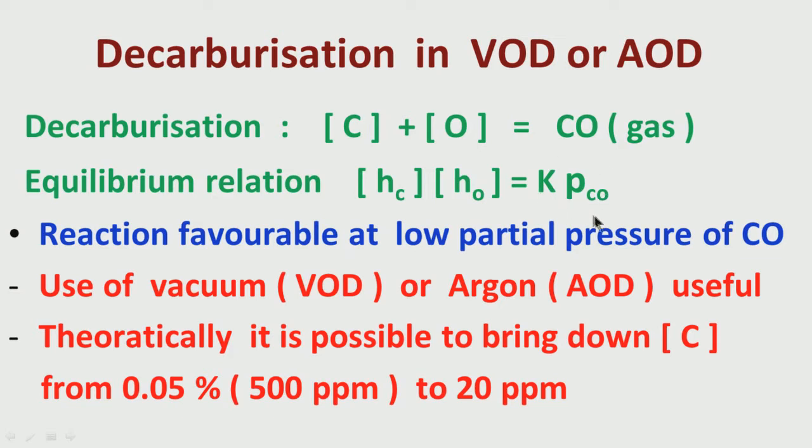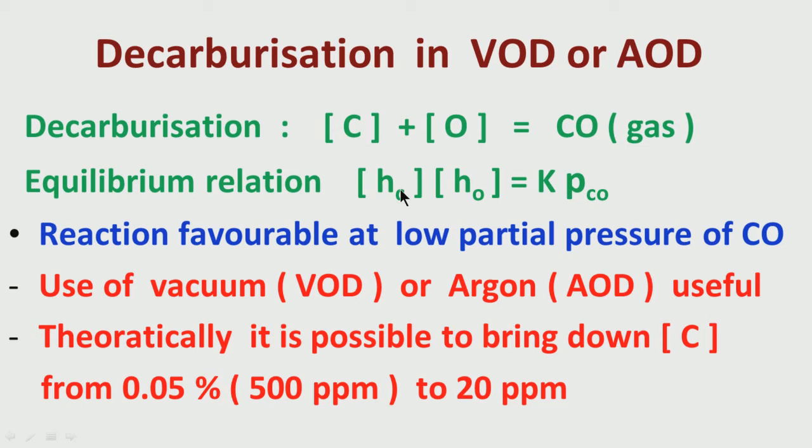Therefore, if the partial pressure of carbon monoxide can be controlled, that means if it comes down, then since K is fixed at a particular temperature, the multiplication of the Henrian activity of carbon and the Henrian activity of oxygen, that means the weight percent of carbon in solution and the weight percent of oxygen in solution, will also come down. So, for a particular level of oxygen, the carbon amount in solution will also come down.